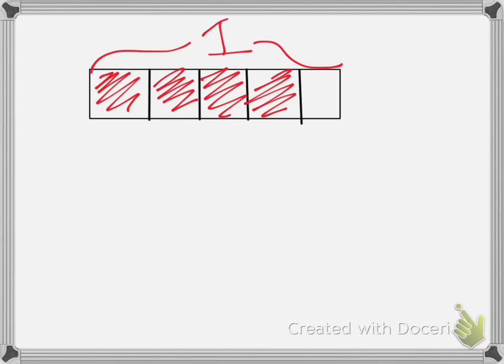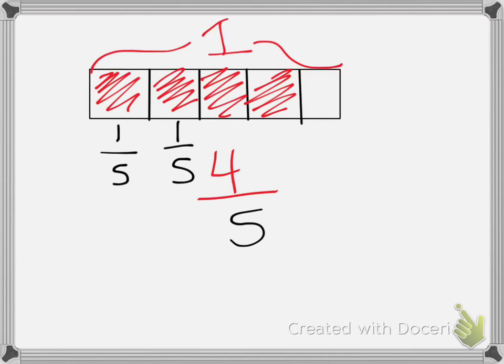That means if I have a Snickers bar and ate the whole Snickers bar, that would be the entire Snickers bar, the one whole. As of right now, I've only had 4/5, because I have 1/5, 1/5, 1/5, and 1/5 eaten, which makes 4/5. I got the 5 because I have 1, 2, 3, 4, 5 squares and 4 shaded in. So 4/5.